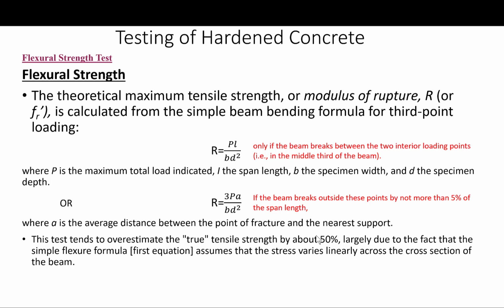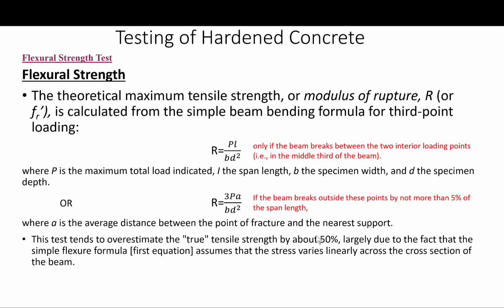It is also possible to carry out flexure tests in center point loading, as described in ASTM C293. This test method is not as good as the third point loading, and also it is not a substitute for it. We could carry out that test, but it will not substitute the third point loading.